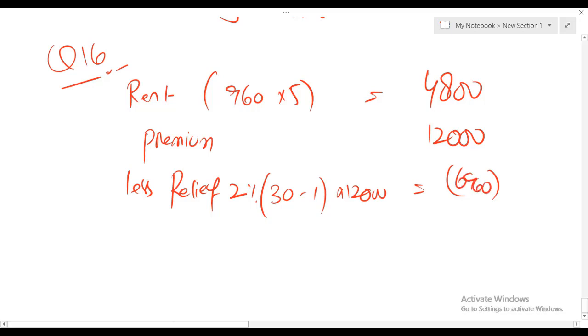It is 6,960. I hope it is. Let me read again. It is 6,960.